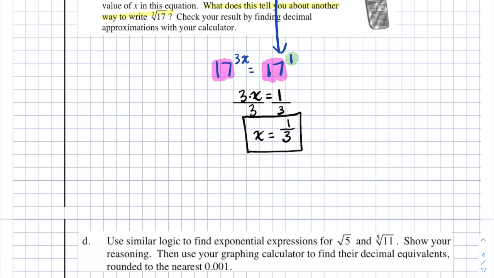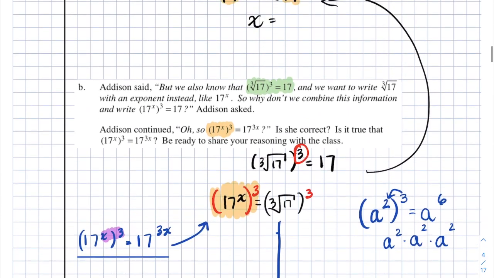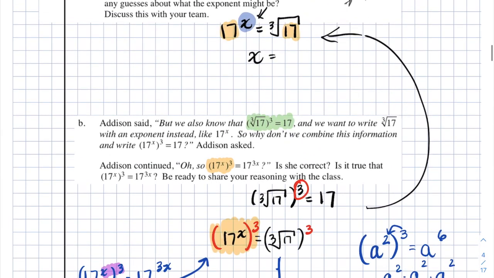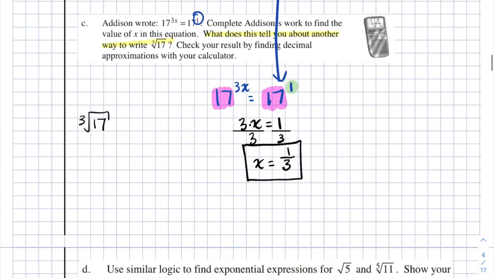We know we have the cube root of 17. That is what we started with here. We did all of that work, and we know that we can rewrite this as 17, and the exponent is going to be 1/3.